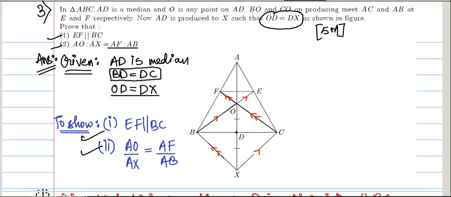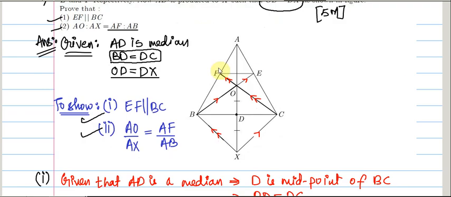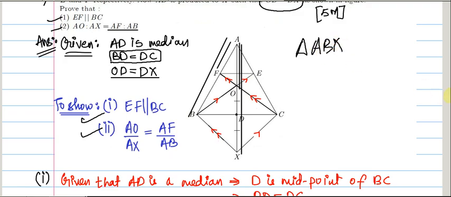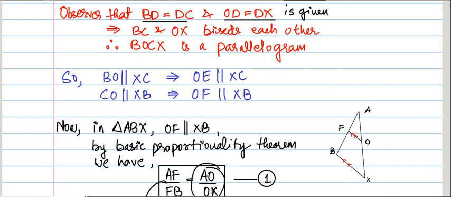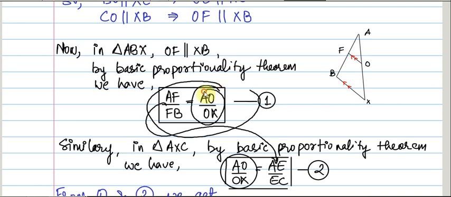Now coming to the second sub-question, just have a look. AO is here, AX is this, AF is this, and AB is this. So obviously we have to go in triangle ABX. We had already written something about triangle ABX. This is what we had written as equation 1.